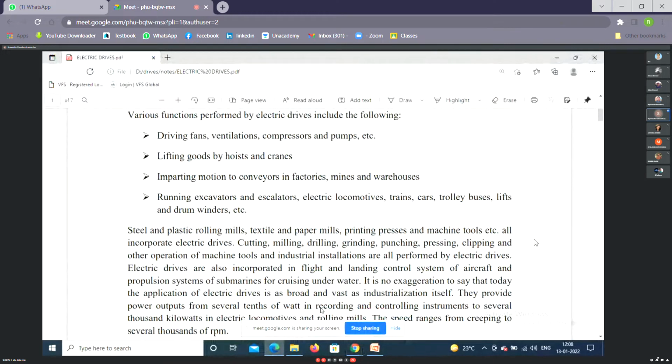And electric motors are preferred over mechanical drives, because efficiency is better, and control is better and precise. For cutting, milling, drilling, grinding, punching, pressing, clipping, and other operations of machine tools, these are mechanical operations, but in all cases, we will have electric drives operating the machine.